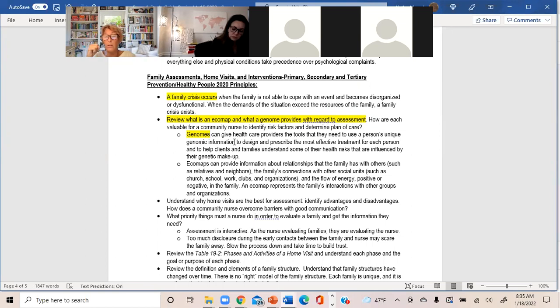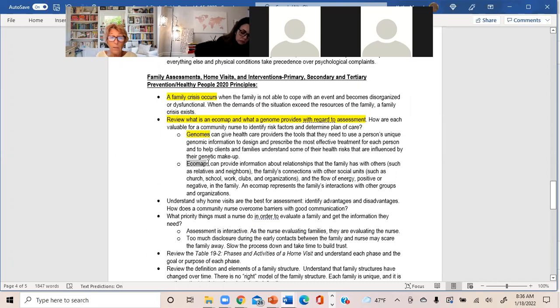Who had alcoholism? Who had something hereditary? And it helps families understand some of their health risks that may be associated with their genetic makeup. Does the family have a history of cancer? Does the family have a history of heart disease?